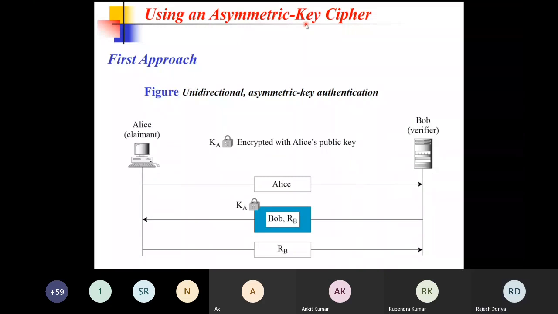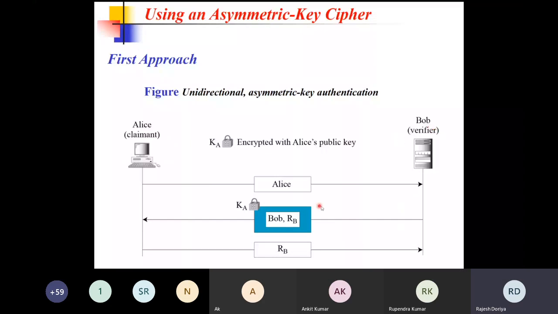Over here, as you can see, Alice has sent a message to Bob. This time the nonce number of Bob along with his identity has been encrypted by the public key of Alice. Of course we are assuming that the public keys of all the communicating parties are available with Bob, so the public key of Alice is already there with Bob.